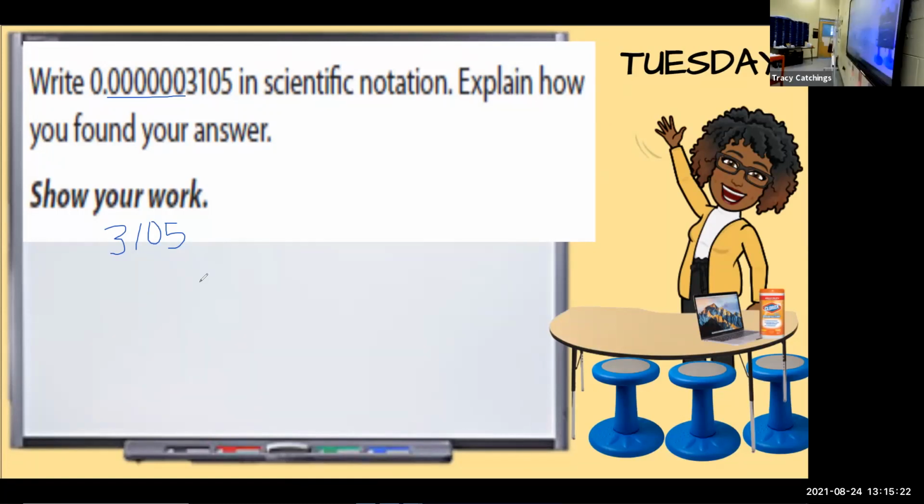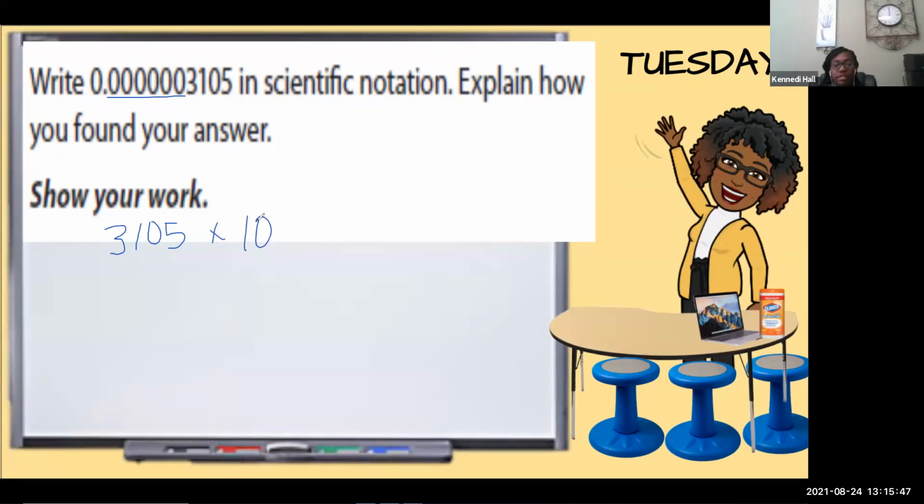So Cornelius got us started. He told us those zeros are going to disappear. We now have 3105. Anybody else? The exponent. 10 and the exponent. So power of 10.